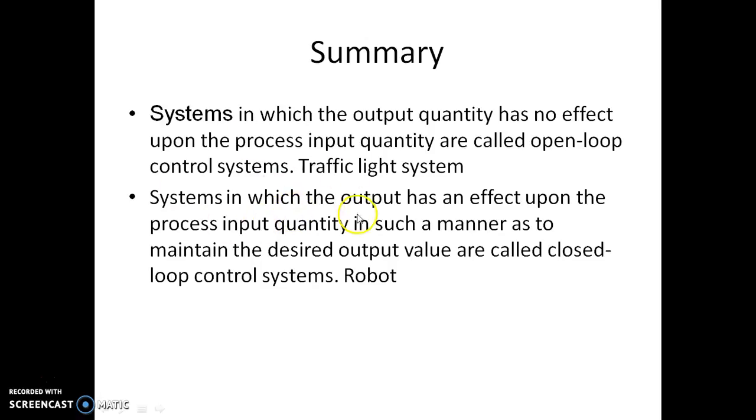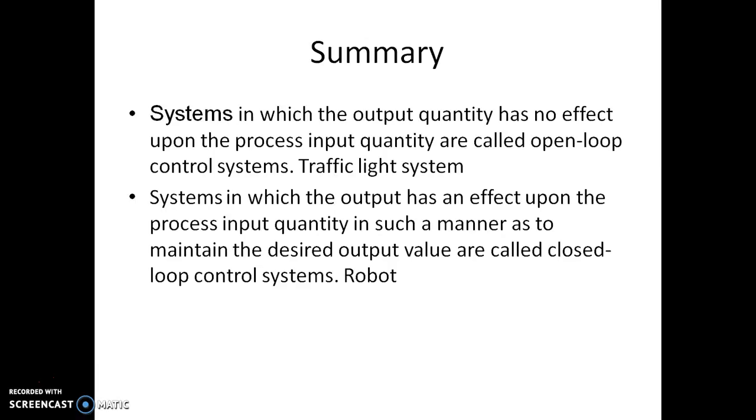Whereas the system in which the output has an effect upon the process input quantity in such a manner as to maintain the desired output value is called a closed loop system. So the closed loop system will take into consideration the desired requirement. For example, a robot or any system where if the temperature increases, then the output has to be decreased, the valve has to be changed.